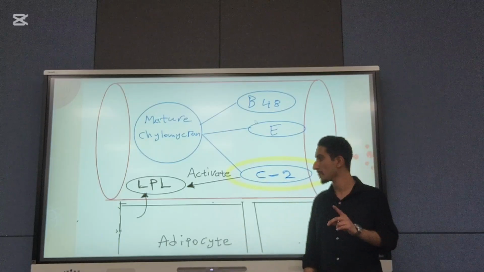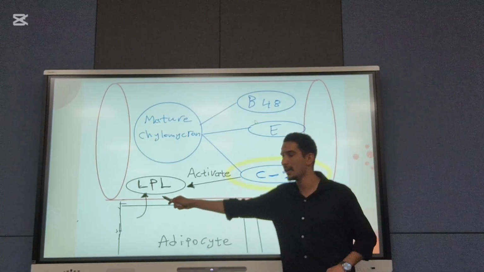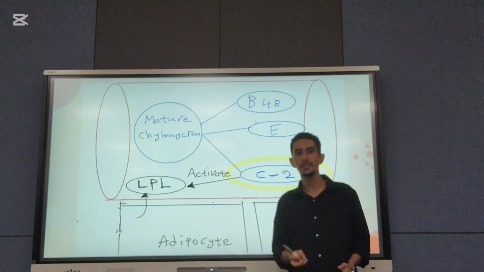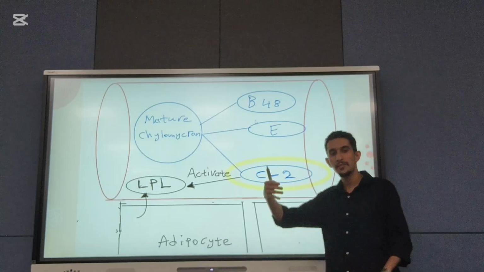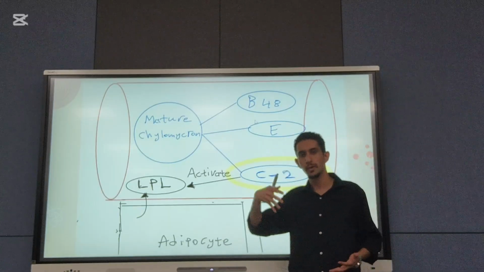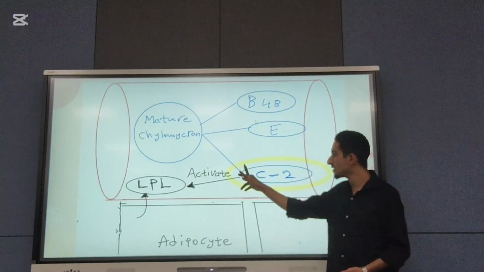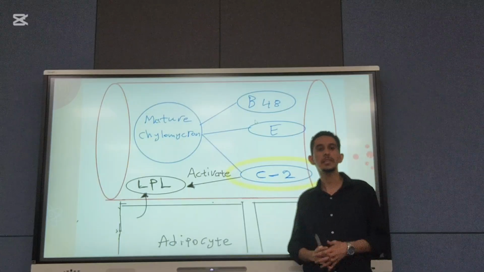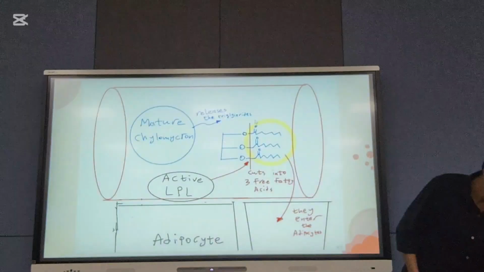Apoprotein C2 is the one responsible for activating the LPL in order for the LPL to break down the triglycerides into 3 fatty acids, in order for the 3 fatty acids to pass through the blood vessel wall into the tissues. Without this C2, the triglyceride will stay in the blood and it will cause many problems.